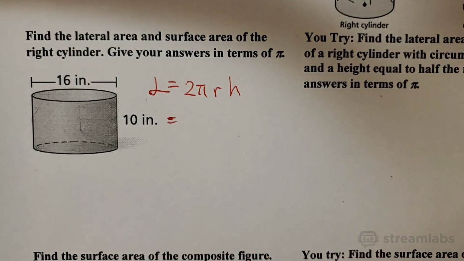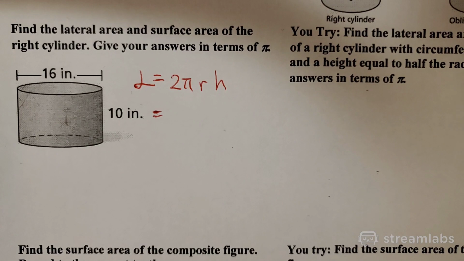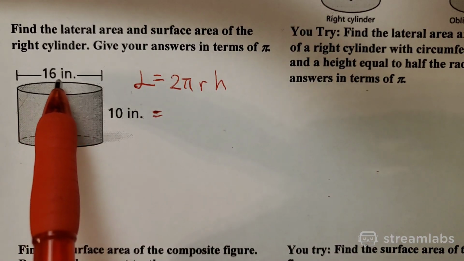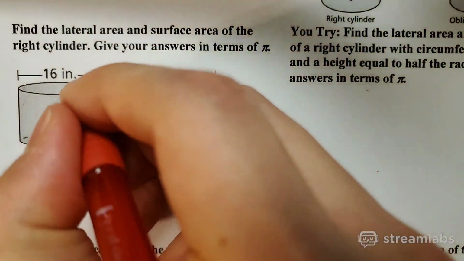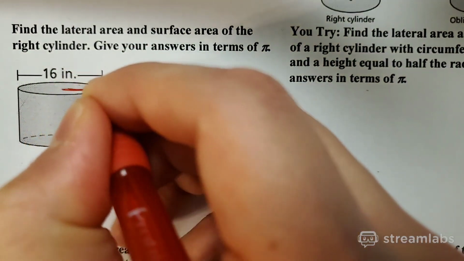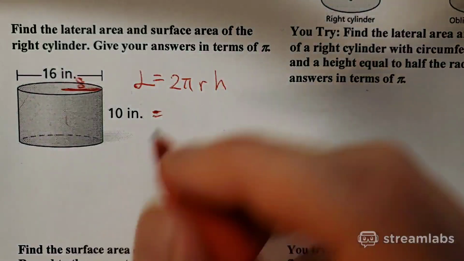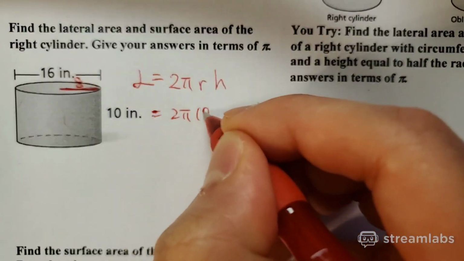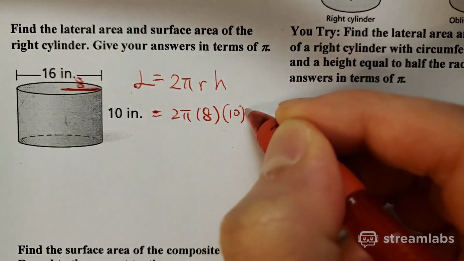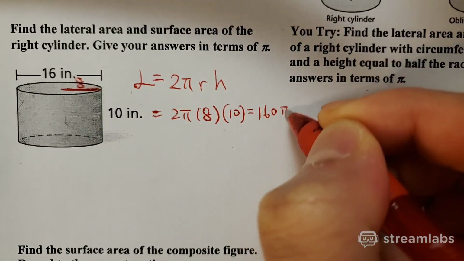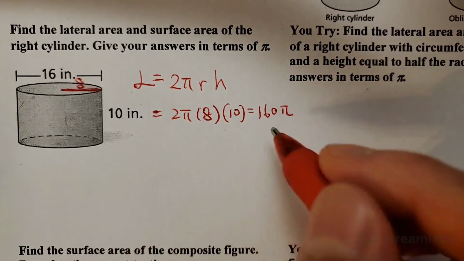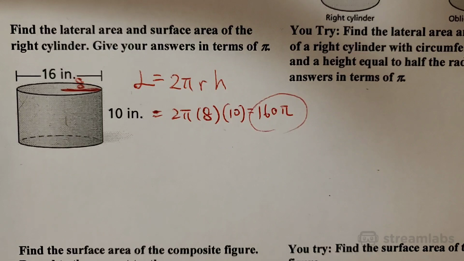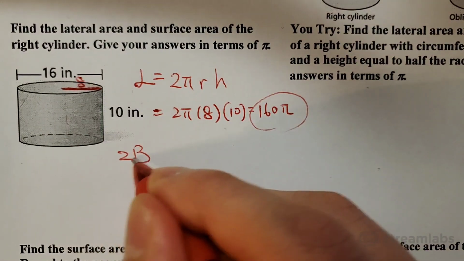What's the radius here? Half of that, right? So it'd be 8, right? So 2 pi 8 times 10. So it's 160 pi. I'm going to leave the pi here, okay? So that's the first part. 2 bases, right?